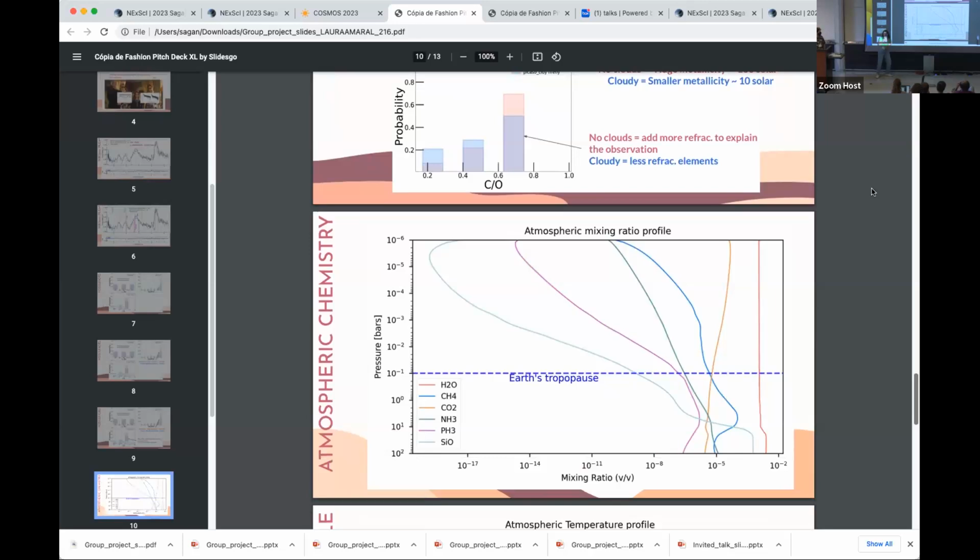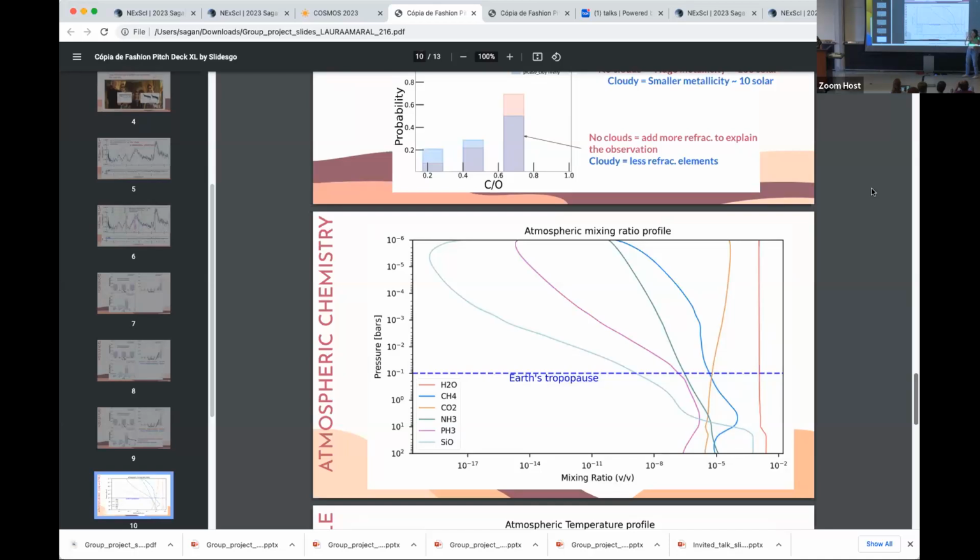I know it's not a terrestrial planet, but I am a terrestrial planet person. I always try to look at other planets, because I can understand a lot about Earth that way, since I like meteorology. So here is what should be the tropopause, at 0.1 bar. And this is the mixing ratio pressure graph of this planet.